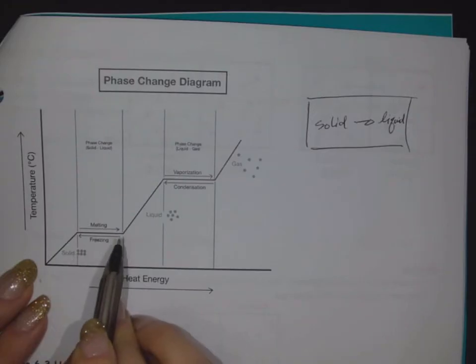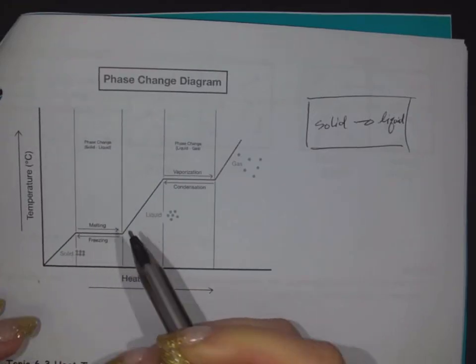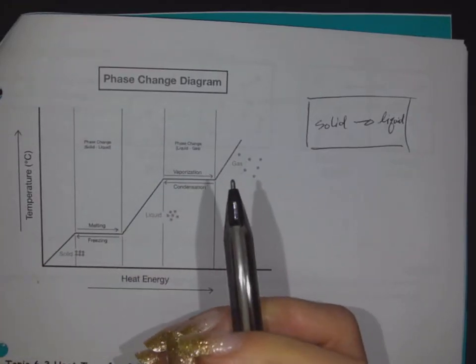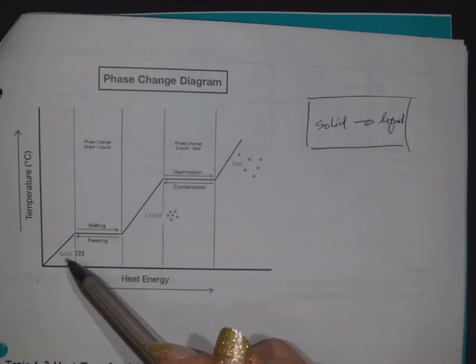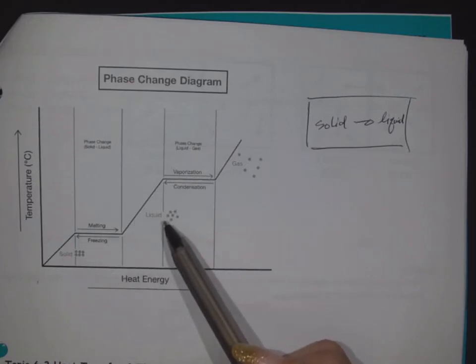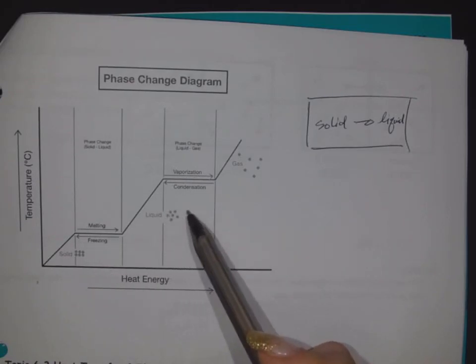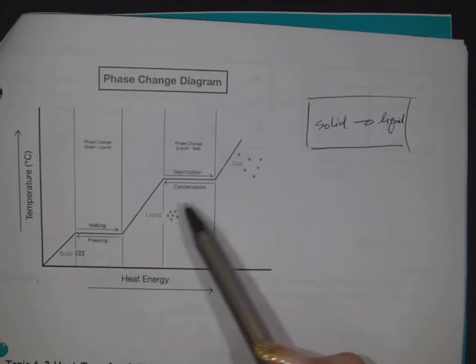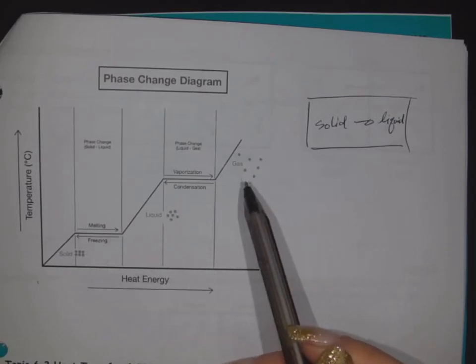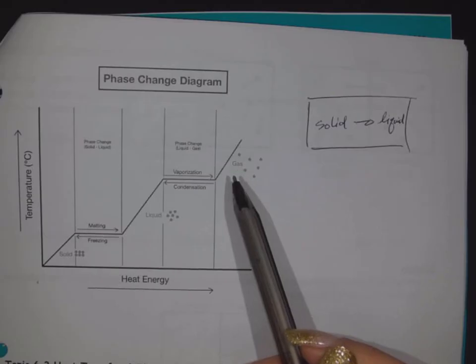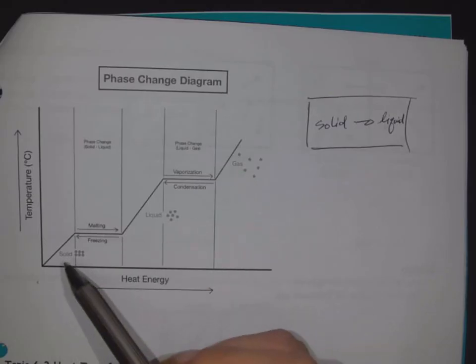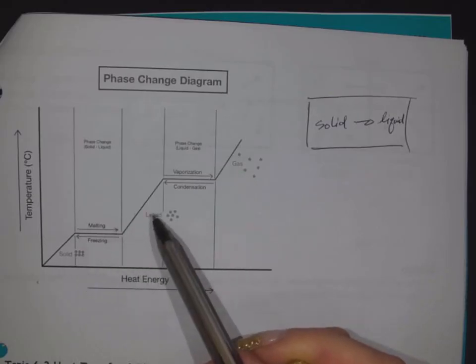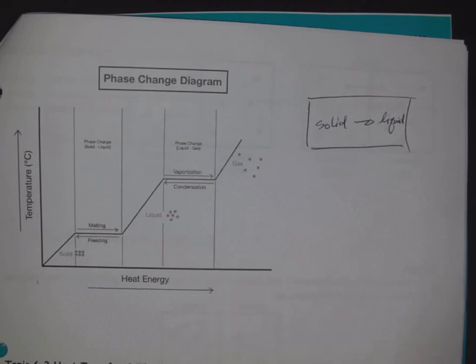Reminder, in solids, the atoms are close together and they're not moving very much. In a liquid, they're sliding past each other. So we have more energy in a liquid and less in a solid. And then gases are flying around the container, so their kinetic energy is very high. So we have low energy for a solid, moderate for a liquid, high energy for a gas.